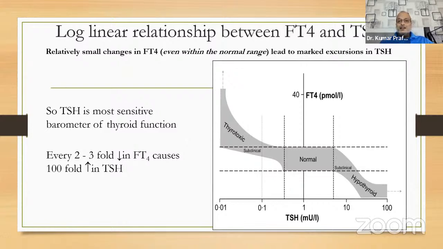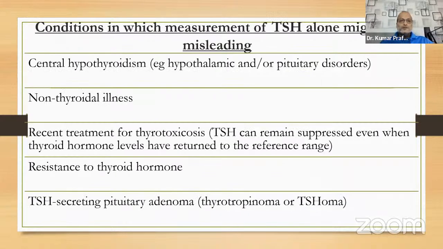TSH is the most important barometer of thyroid function. Since it is very sensitive, even slight change in thyroid function will get reflected in the TSH. Thus, TSH becomes the most sensitive barometer for measuring thyroid function. So whenever you see a thyroid function test, the first thing that we need to see is where is TSH. With every 2 to 3 fold increase or decrease in free T4, TSH level decreases or increases by about 100-fold. That is how it is important.